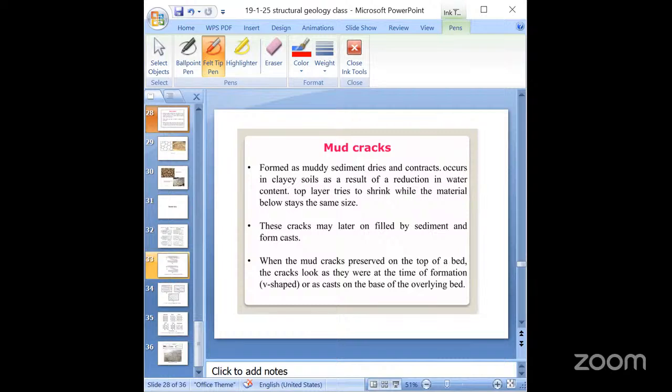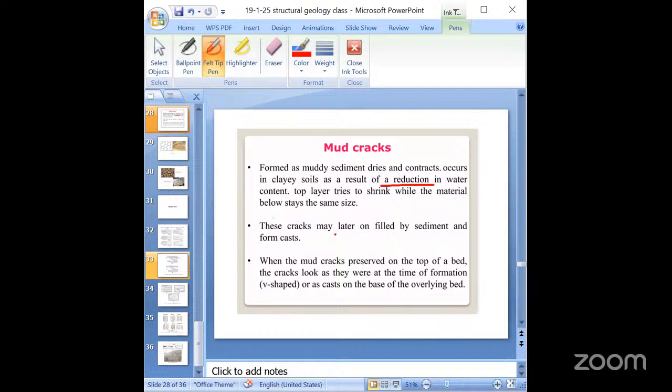Now, mud cracks. Mud cracks mean it formed in muddy sediment, right? Muddy sediments, when dried, contract. This occurs in clay soils as a result of a reduction in water content, and the top layer tries to shrink while the material below stays the same size.